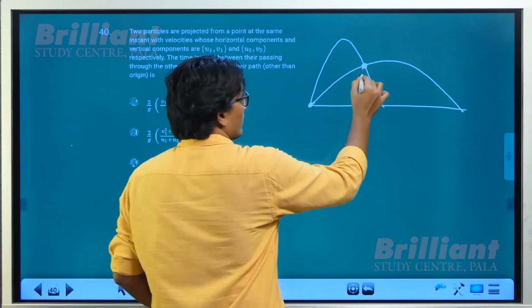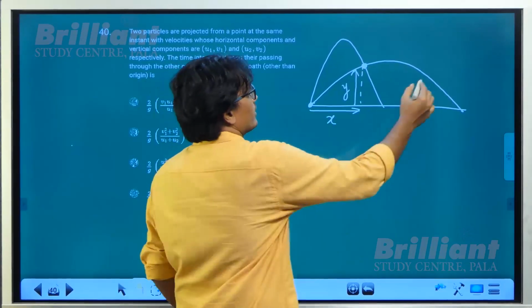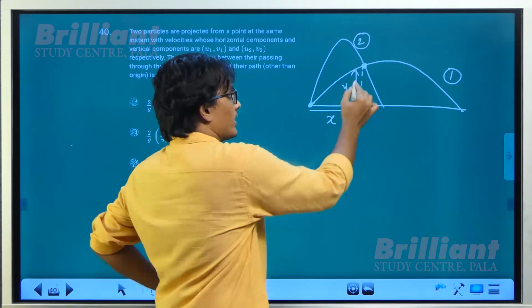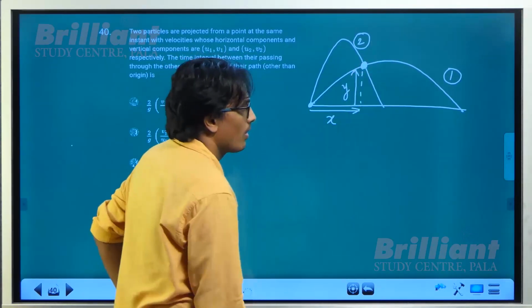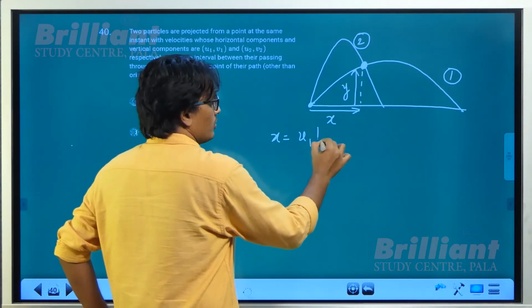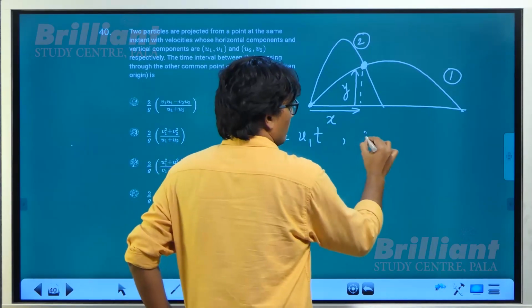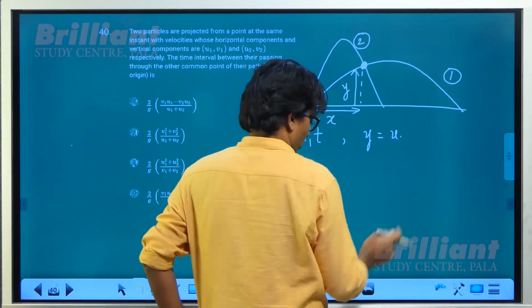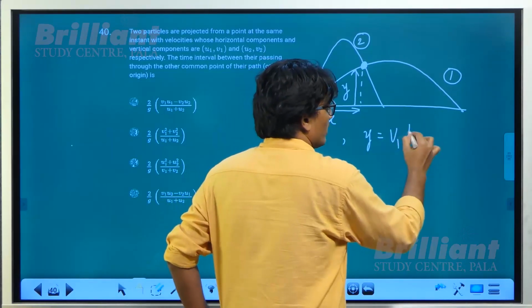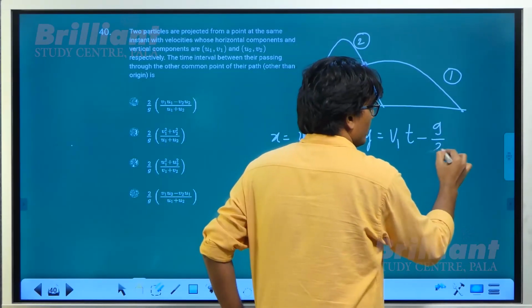If you look at this diagram, let's take this as the first particle and this as the second particle. When the first particle is here, let us assume x is equal to u1 into t and y is equal to v1 into t minus half g t square.